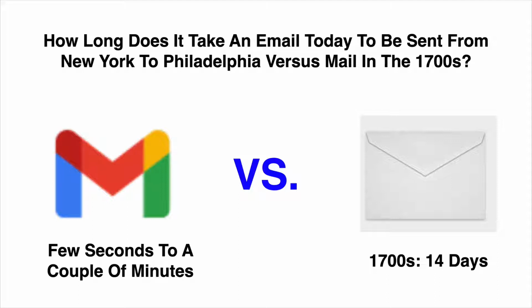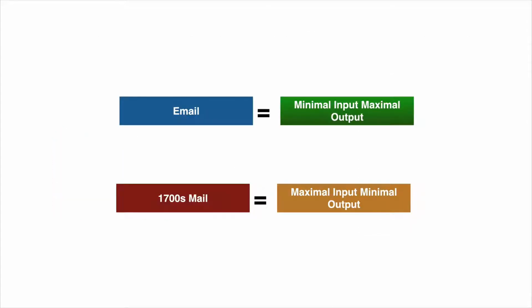When I looked up this example and thought about it, I was blown away by the improvements we made in communication. In this specific example, efficiency is at the heart of what's going on. So email equals minimal input, maximal output. You put in a minimal amount of effort and you receive a huge return. 1700s mail was maximal input, minimal output.